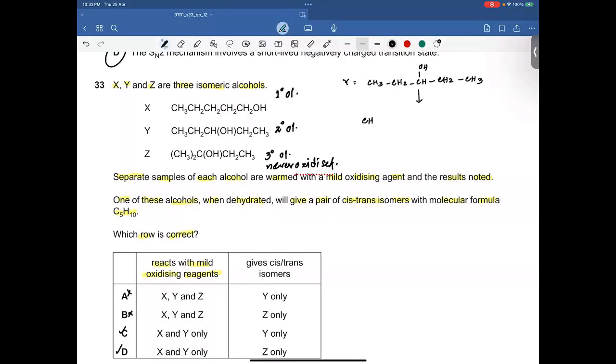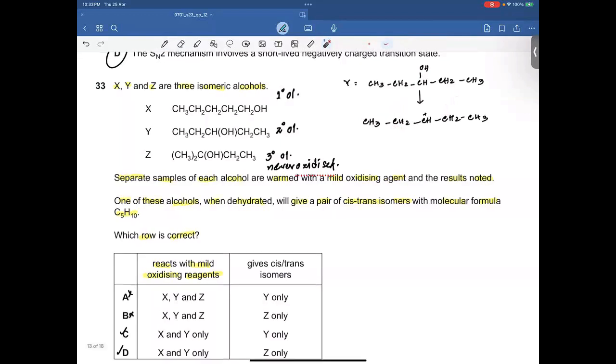Once you remove the OH, obviously that carbon carries a positive charge. To eliminate this positive charge, we remove a hydrogen atom from the adjacent carbon atom. Both adjacent carbon atoms are the same, so shifting of bond and removal of hydrogen can take place from either one. It doesn't make any difference, so you'll get only one type of alkene.